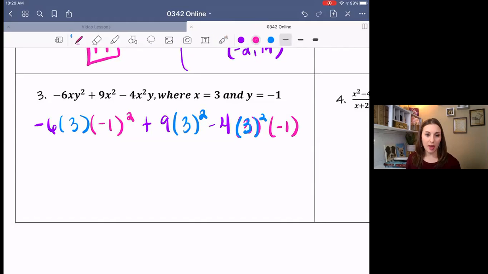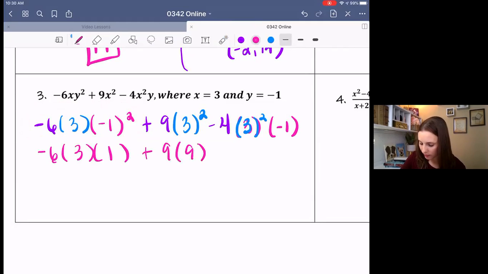Which means that within this term or addend, we have exponents, and I need to deal with the exponents before I can multiply. This is not 3 times -1. It's 3 times -1 squared. So I need to simplify that first before I can move on, which is +1.